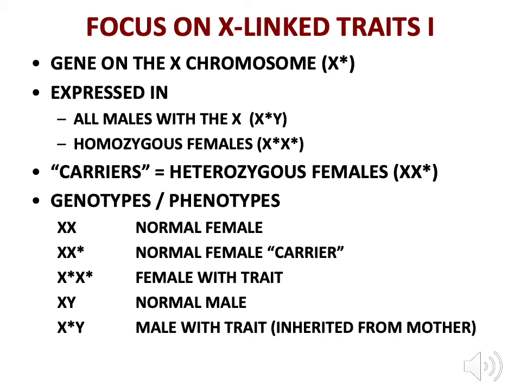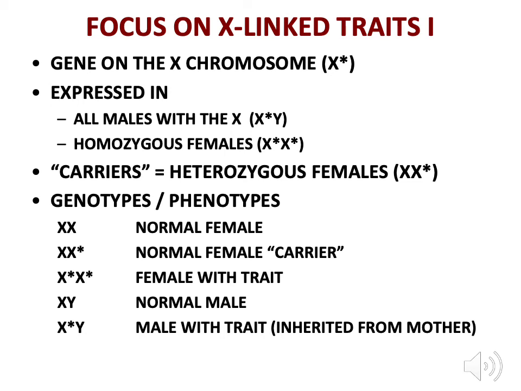In other words, he got the colorblindness allele from his mother. Colorblindness is also going to be expressed in homozygous females. In order to be a female who's colorblind, you have to have the colorblindness allele on both of your X chromosomes. That's going to be pretty darn unlikely. As a matter of fact, it's a very, very rare situation to have a female who is colorblind.